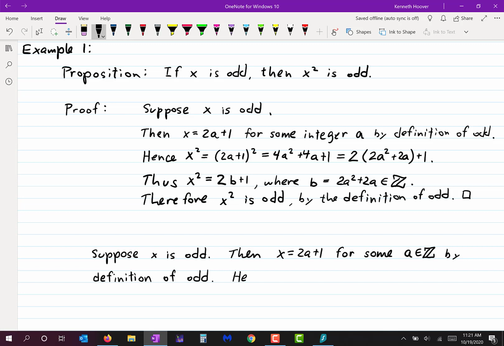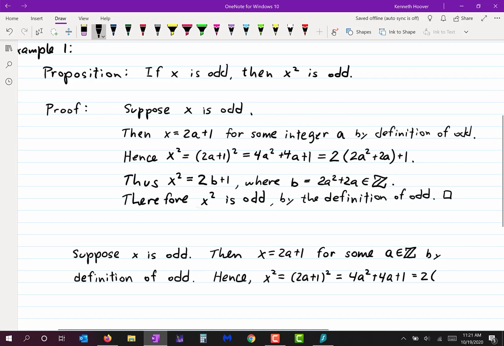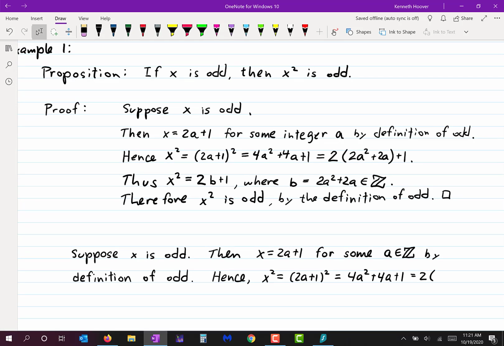Hence, x squared equals (2a plus 1) squared, which equals 4a squared plus 4a plus 1, which equals 2 times (2a squared plus 2a) plus 1.